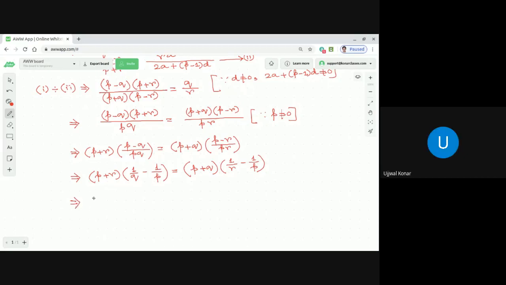So what we get here is (P plus Q) into (1 by P minus 1 by R) is equal to (P plus R) into (1 by P minus 1 by Q). Got it? Proved. Anyone who has any question, please feel free to ask me.